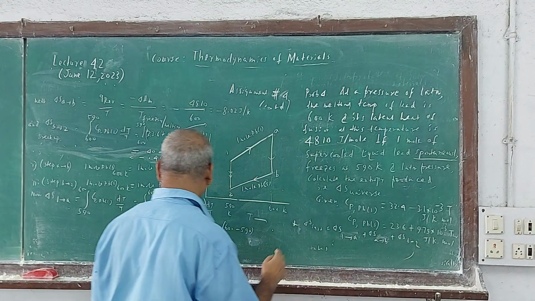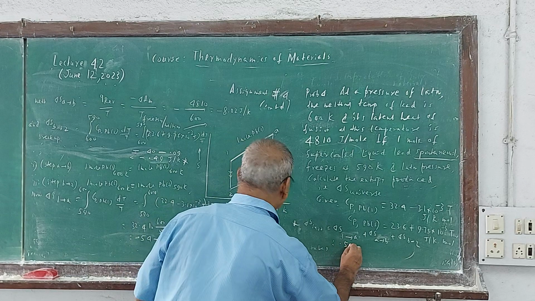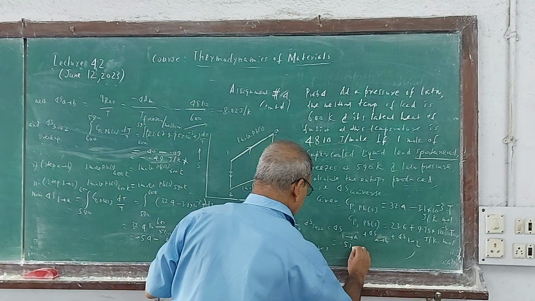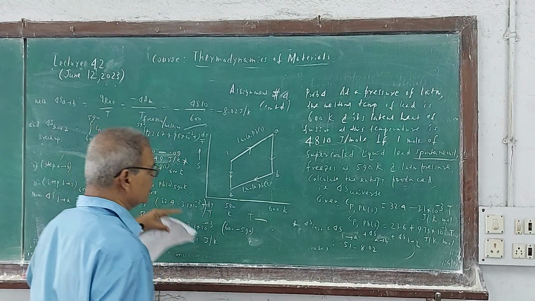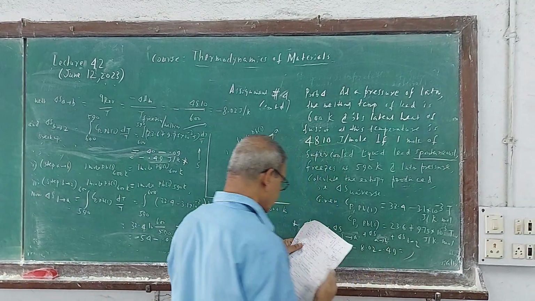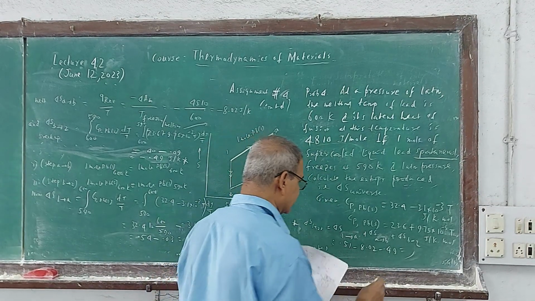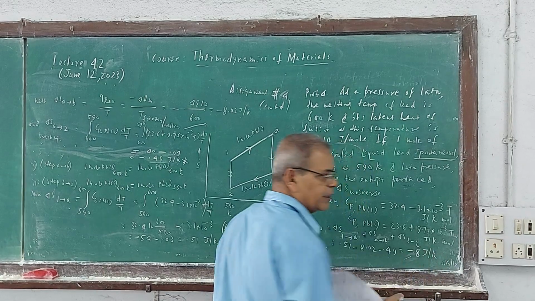How much is it? In value, copy the value. 0.51, minus 8.02, plus the third one, minus 0.49. How much is it? If you do this, perfectly 8 joule per Kelvin, minus, is down.